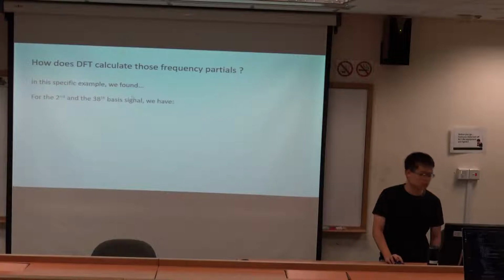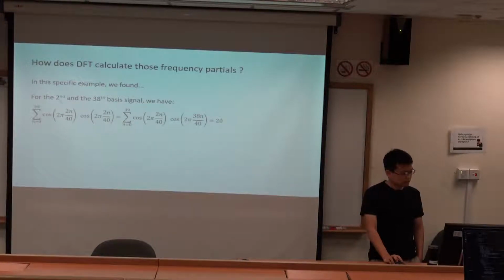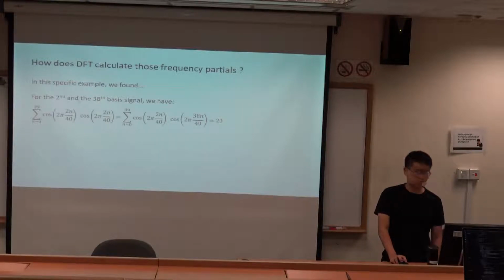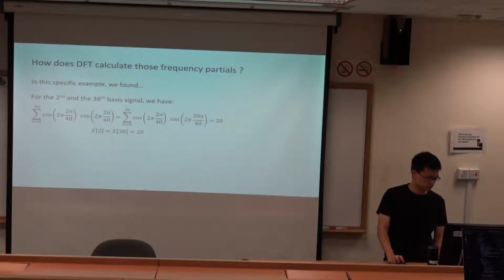In this specific example, we found the second and the 38th basis signals give us the highest result. And if you calculate this, you get a result of 20. That means capital X of 2 equals capital X of 38 equals 20, right?